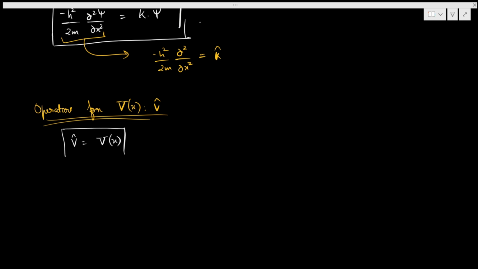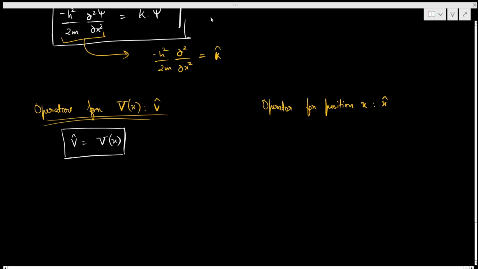Okay, so just something to keep in mind. And one more operator here would be operator for position, or x in our case. We're just taking x to be the position. So operator for position x, which is x cap. And again, it is just x itself. So x cap is equal to x.